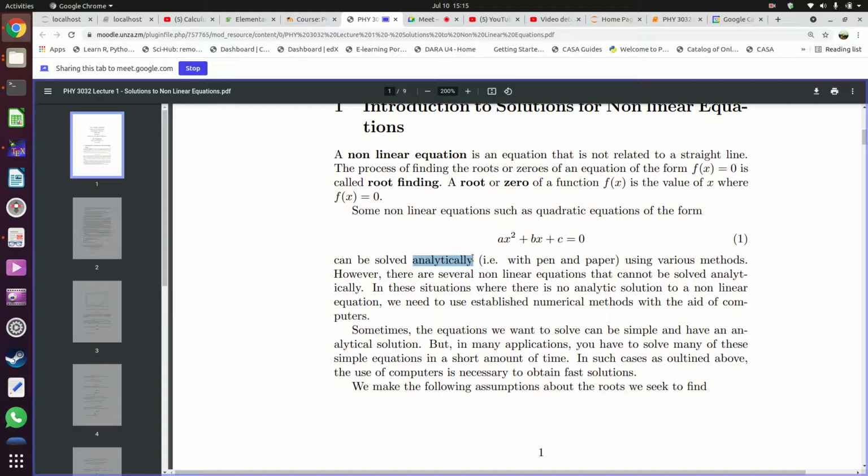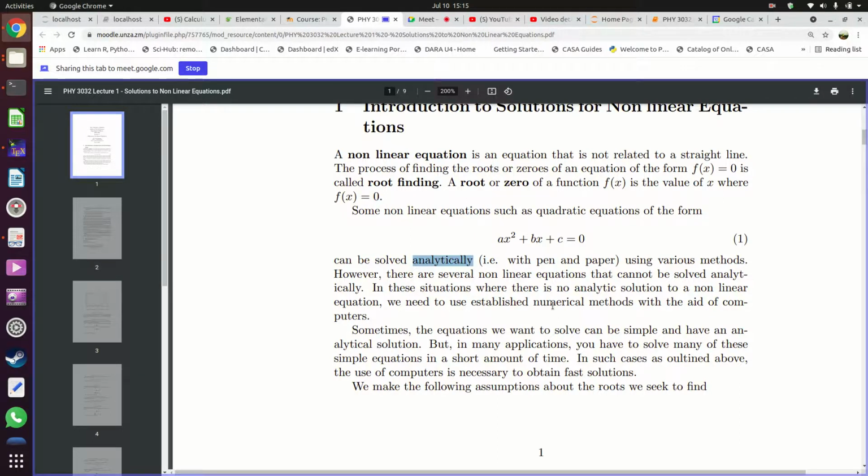However, this family of nonlinear equations does not only refer to quadratic equations. There are also other equations which are nonlinear. I've mentioned cubic equations, then there are also a lot of other equations. Now, it so happens that some of these nonlinear equations, you can solve them using pen and paper, fine. But there are also others which you cannot solve using pen and paper.